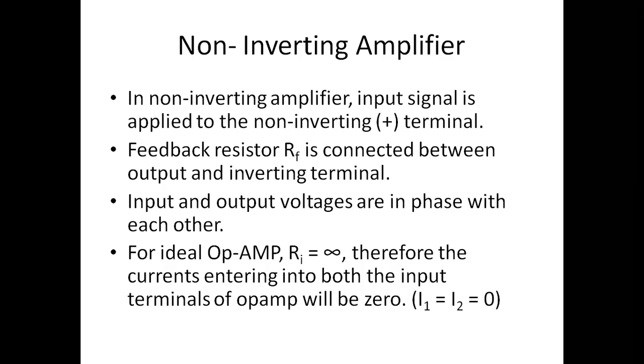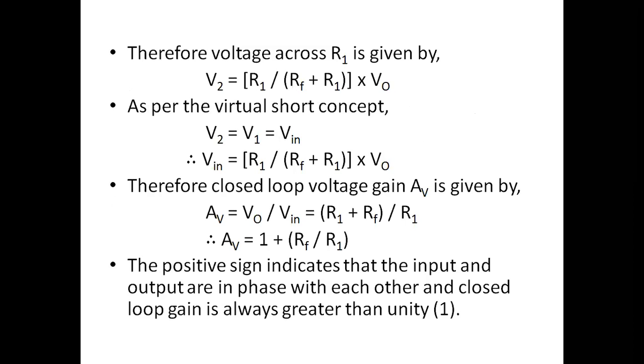And ideally, we have infinite resistance between V1 and V2. Therefore, the current entering both will become 0. So we can take I1 equal to I2 equal to 0 ampere. Here we can use the voltage divider rule to derive the voltage across R1.